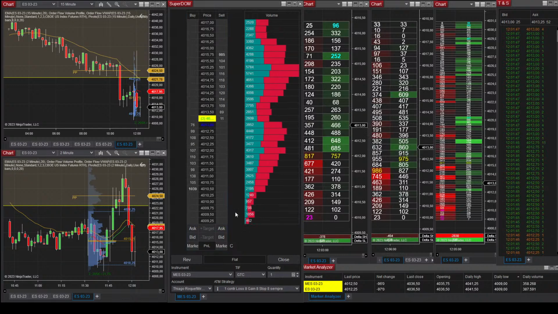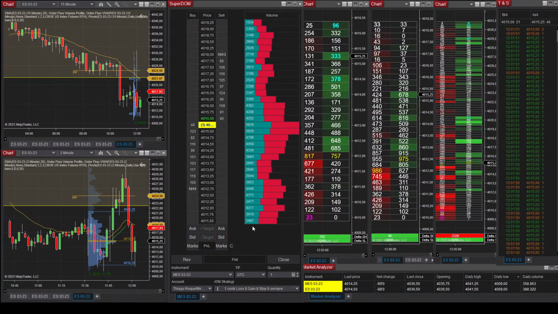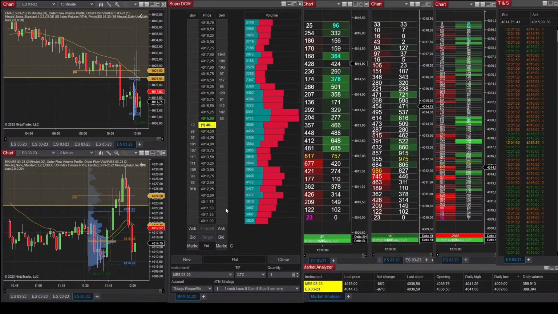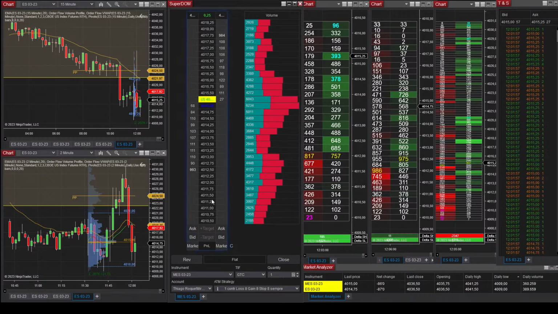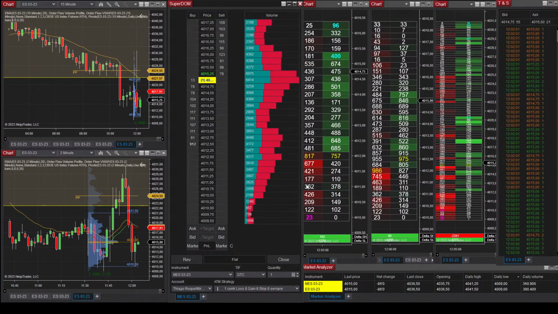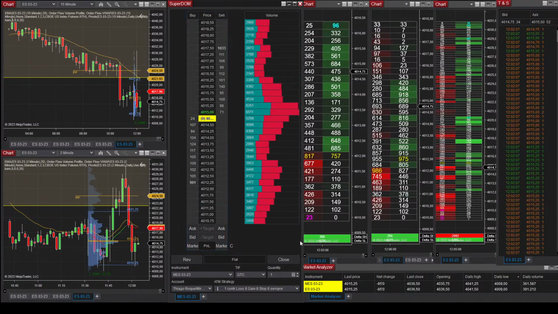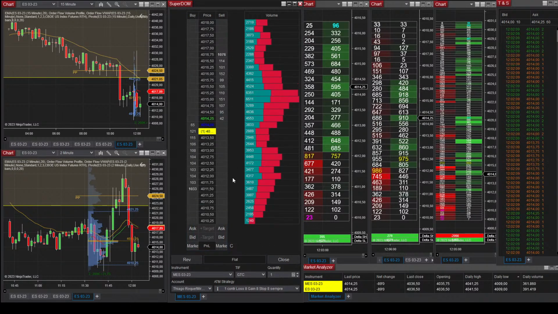I have the bias, or at least I have this tendency, of looking for breakouts every time. If I see the base of the range, I'm usually looking for indications of a breakout, and if it goes to the upper end as well.